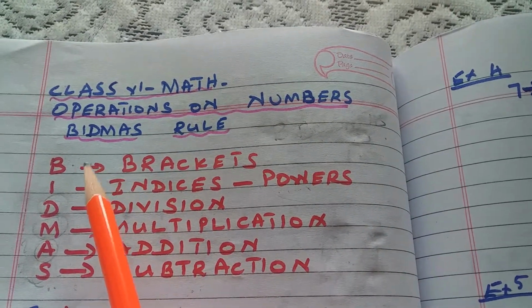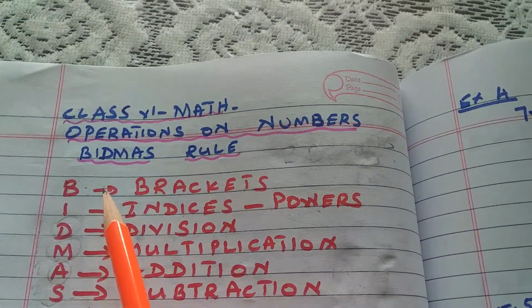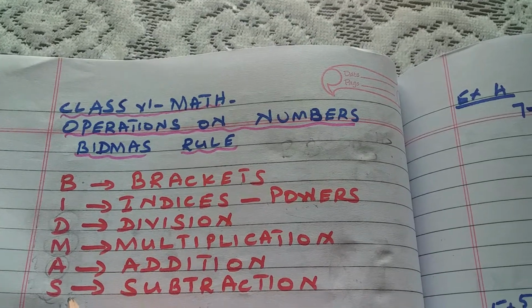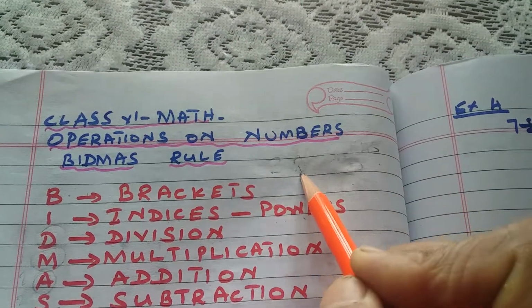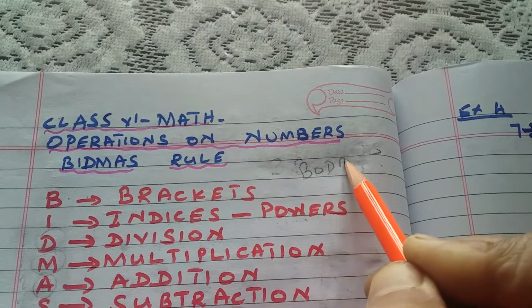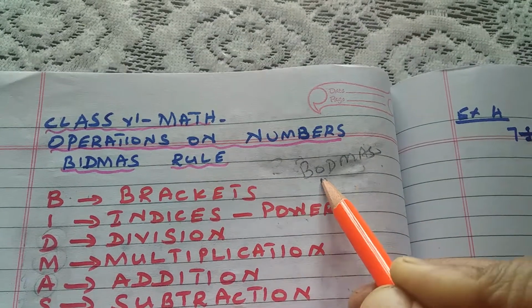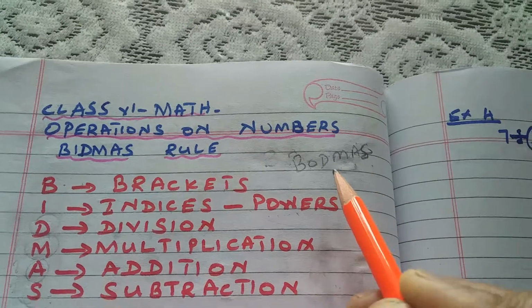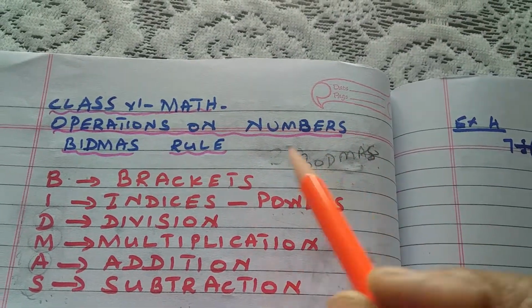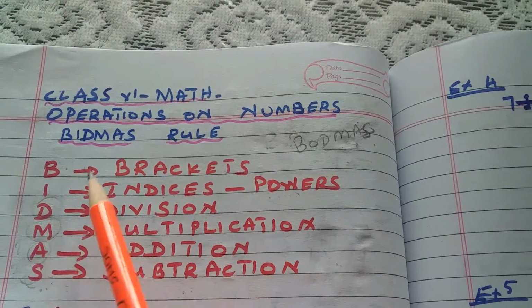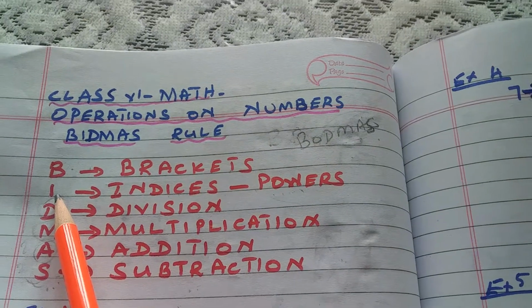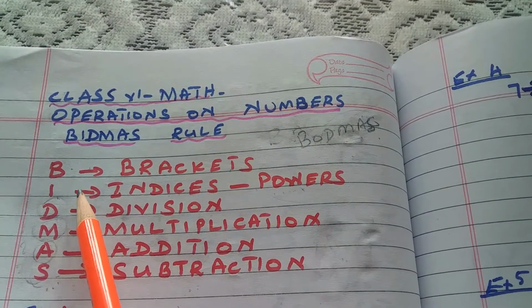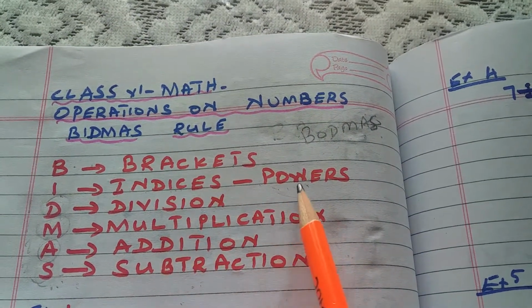For that we have a rule called BIDMAS. Earlier it was BODMAS, only this: brackets, division, multiplication, addition and subtraction, right? So only 4 operations were there. Now it is changed into BIDMAS. That is, I also represents one operation which you won't be studying in 6th standard.